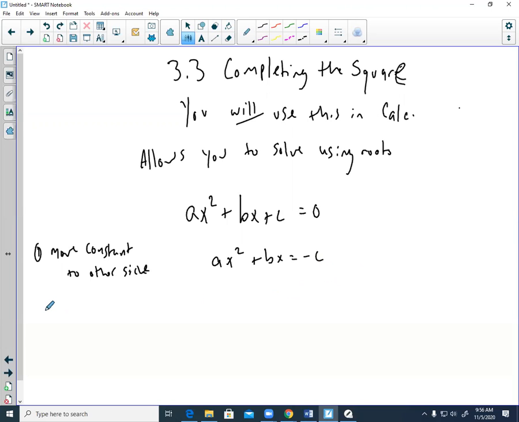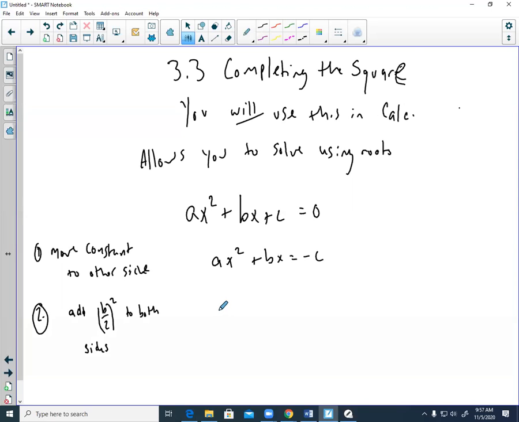Okay, now the next step, and this is probably the most important step, is you have to add, and this is the important part, you have to add (b over 2) squared to both sides. Now keep in mind, this is the general form of everything.